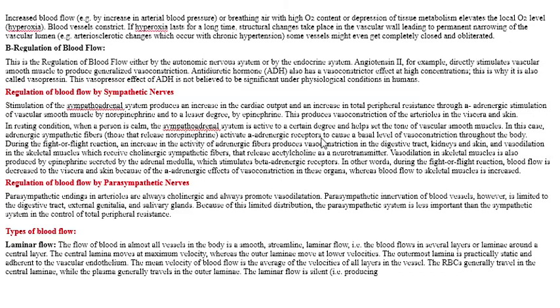So when there is constriction in the viscera, I mean the abdomen, and the skin, more blood goes to the heart and, for example, to the muscles, so that the muscles can contract and the heart can pump. This is especially important during exercise.